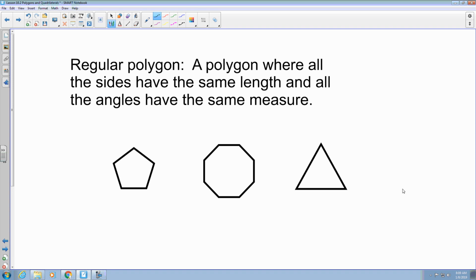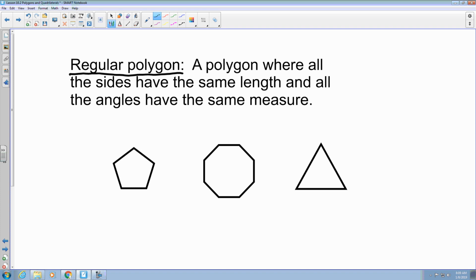All right. Once we start going to what are in fact polygons, we have more specific names that we can attach to these polygons. One of the more specific types of polygons that we are going to look at and investigate are regular polygons. Regular polygons, all the sides are the same and all of the interior angle measures are the same.